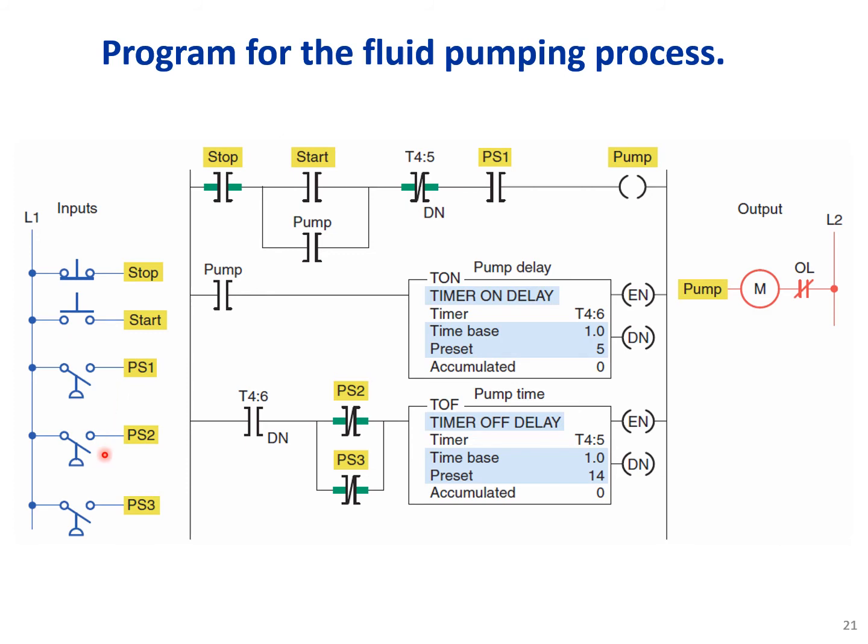We have pressure sensors PS1, PS2, and PS3. We have used two timers here, one with a preset time value of 5 seconds and the other 15 seconds, as requested in the description of the problem.